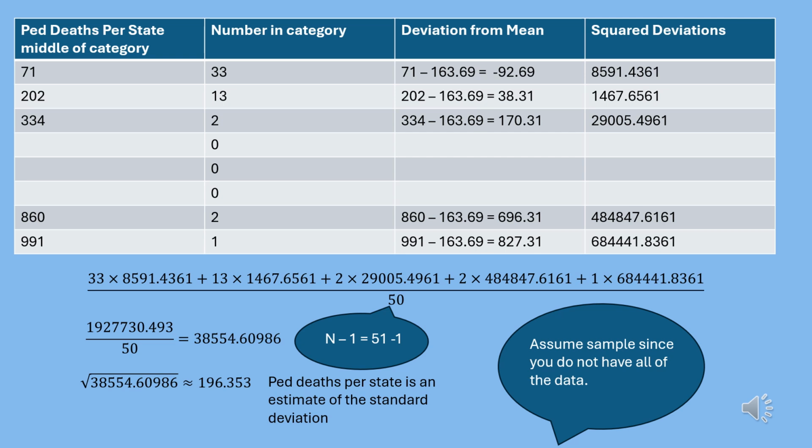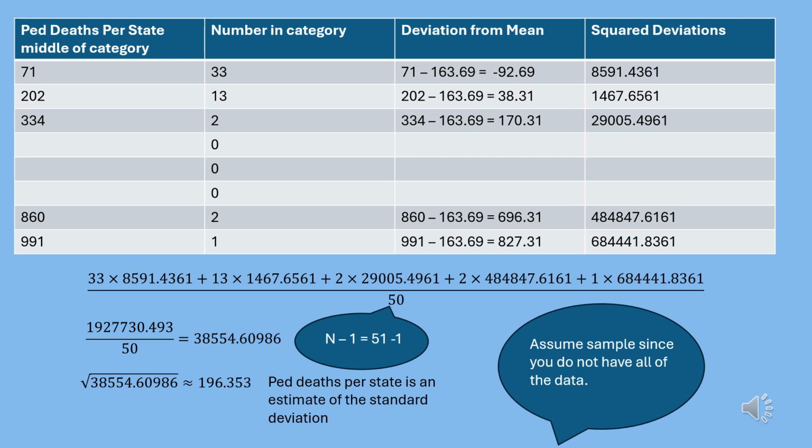So following the idea of finding the standard deviation, you find how different the data values are from the mean. Our estimate of the mean was 163.69. So 71 minus 163.69 is negative 92.69. And then the difference between 202 and the mean is 38.31.